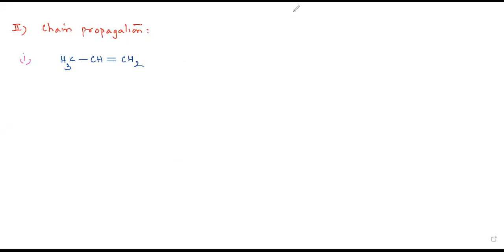Let's see what happens. Propene with the bromine free radical. Very interesting. Concentrate on this. See, you get two free radicals this way. I mean, the two carbons get odd electrons.